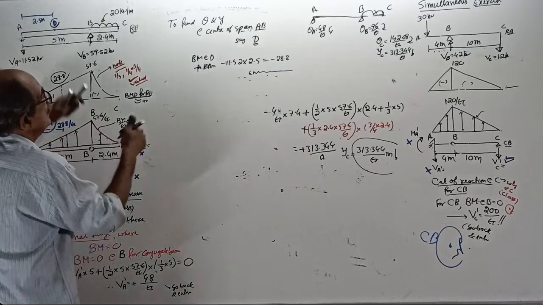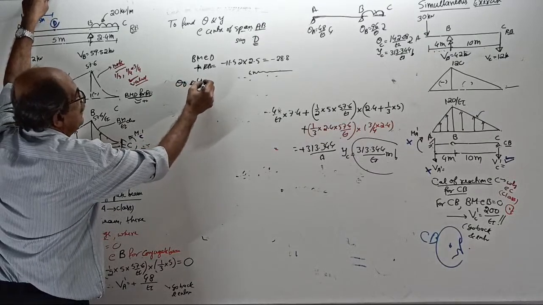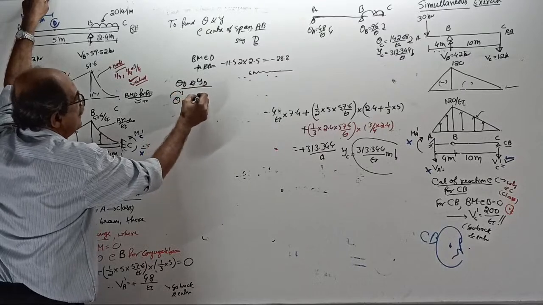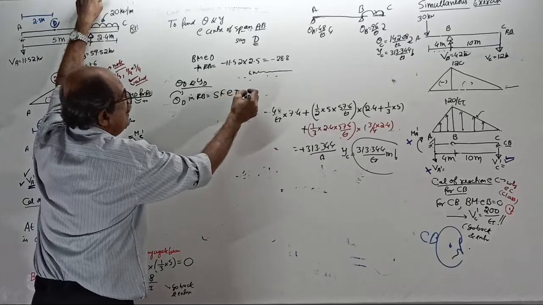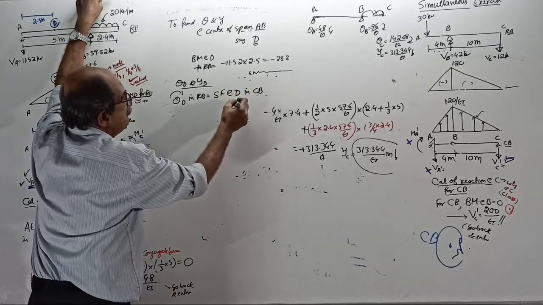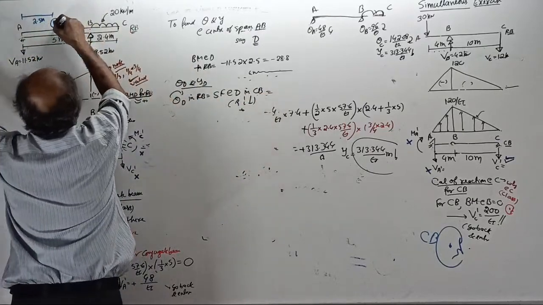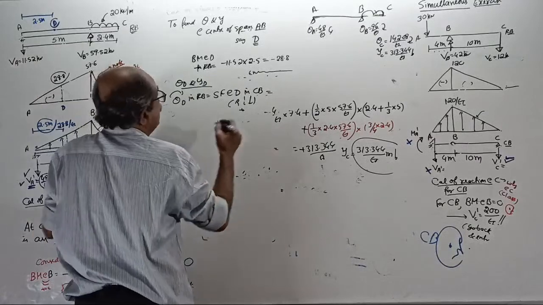Start. Now, calculate. I want theta D and YD. Theta D clockwise in the real beam equals shear force at D in the conjugate beam. Left up, right down, positive; slope here is shear force here. Look at this side. Minus 48 by EI.